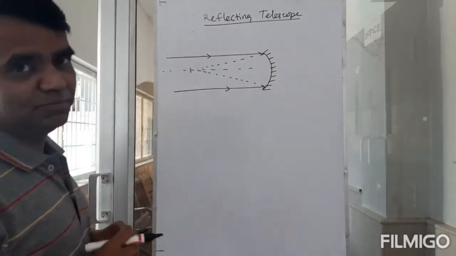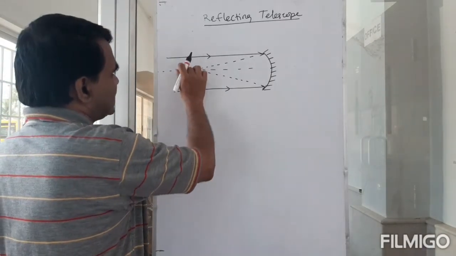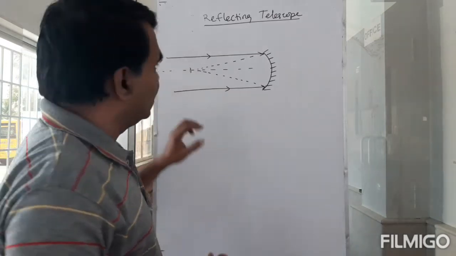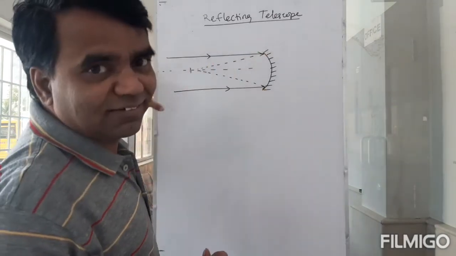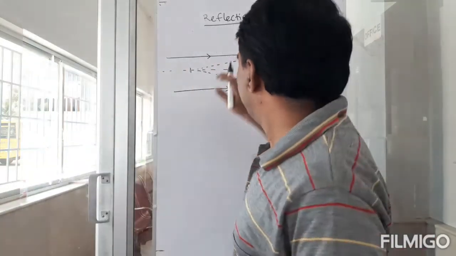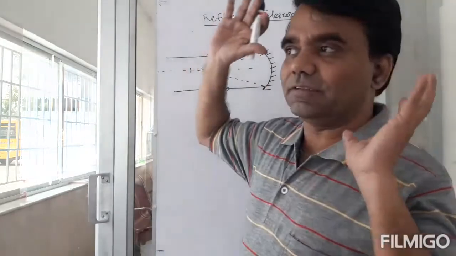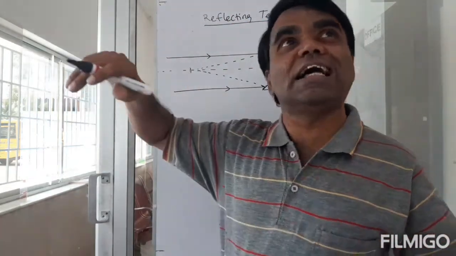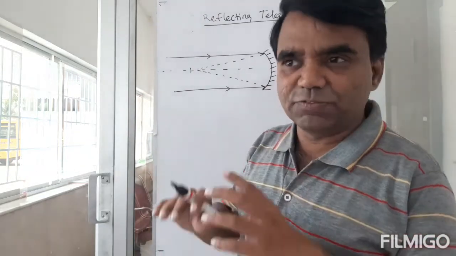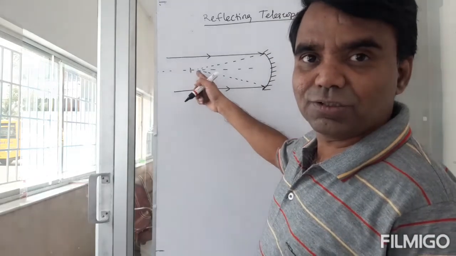But what's the problem? The problem is that if I have the lens here, then I must be sitting here, right? And then I will be blocking the ray. Well, if it's a very, very big mirror, maybe a mirror as big as this building, then yeah, it's possible for me to go and sit at the center and use a lens.